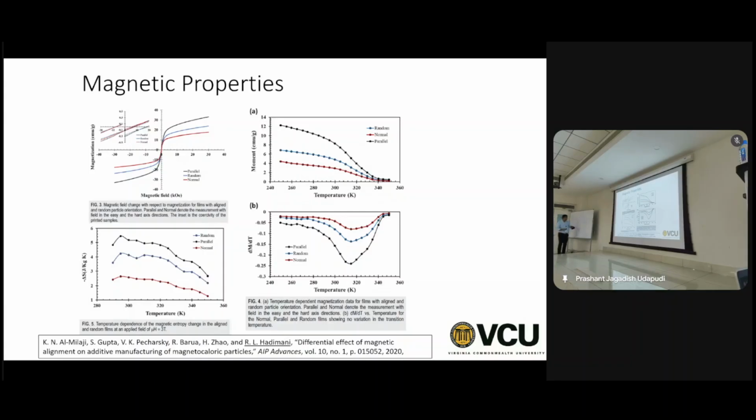So if I, for example, do the magnetic property measurement on this, if I apply field here and measure the magnetization, the a-axis will look like this. So not the a-axis, this is the b-axis.